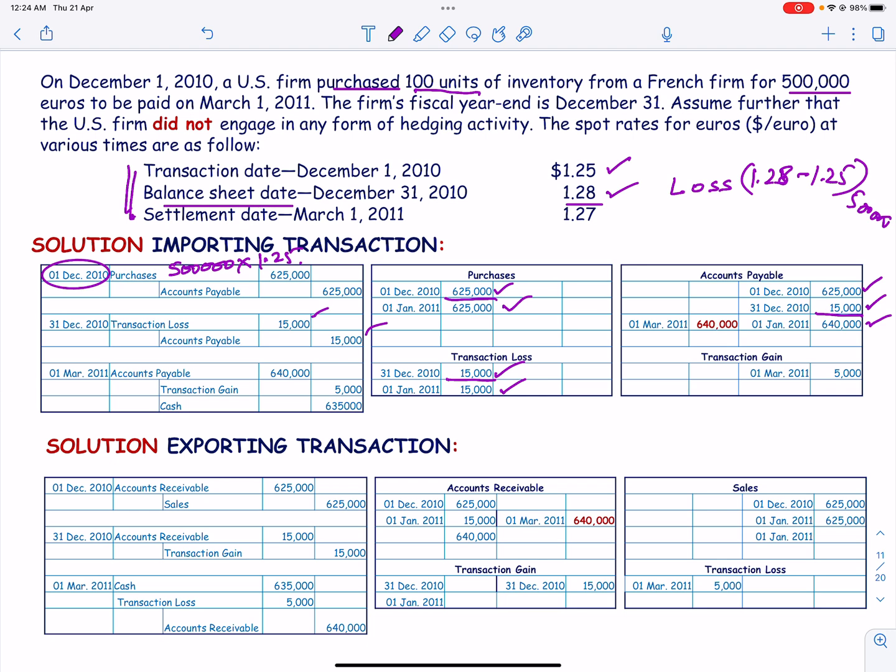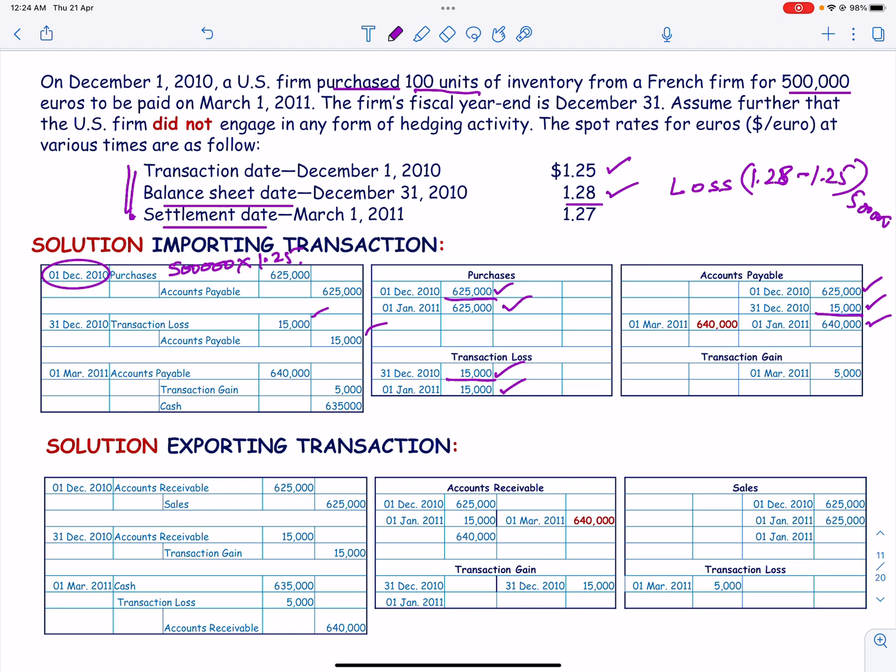Now, before the settlement date, the US firm must buy euros in order to satisfy the liability.